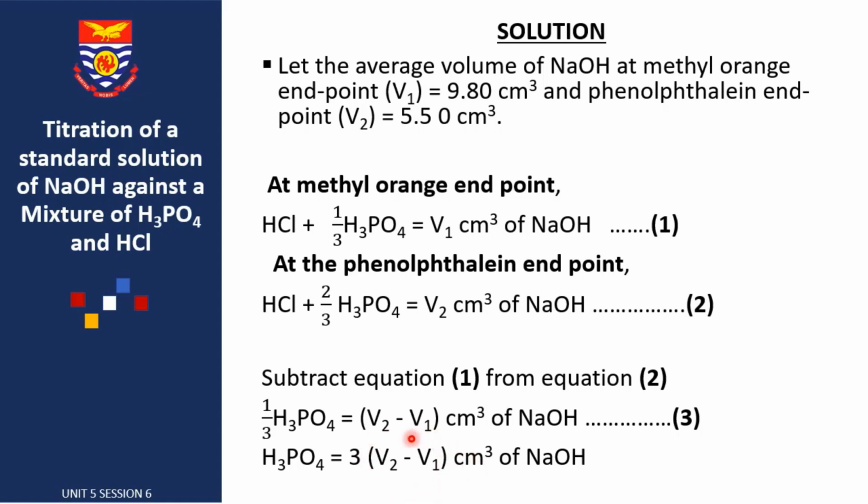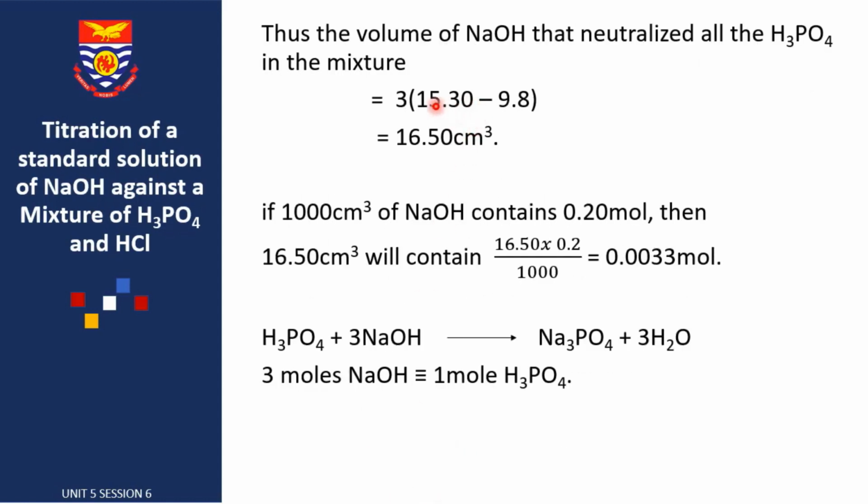At this point, we can put in our values, and in doing so, we have 16.5 cubic centimeters. This is the volume of the base that will completely neutralize the phosphoric acid.